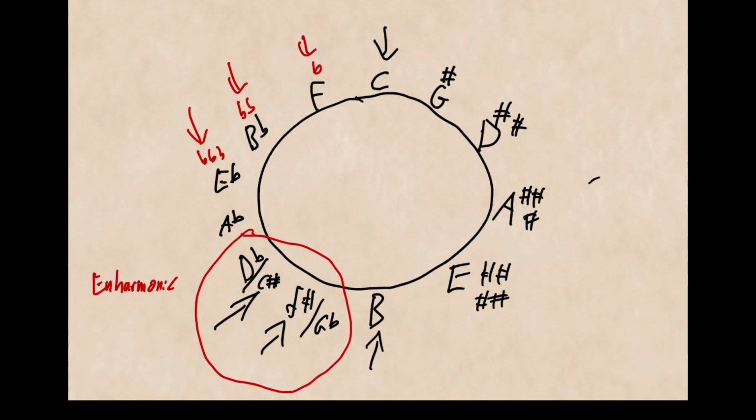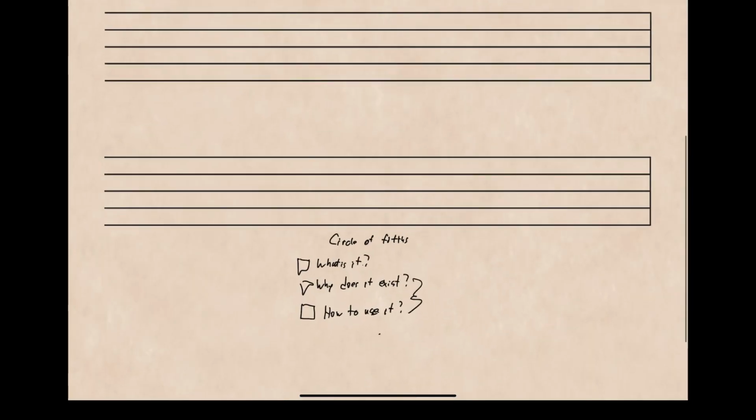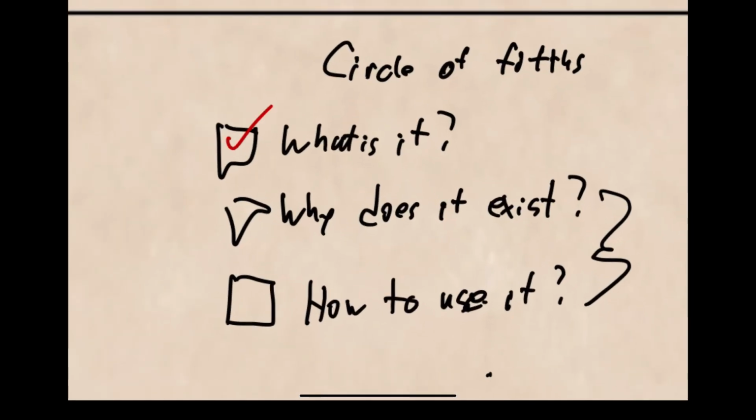Now, if you want to know exactly how to write a key signature, I do that in another video, which I'll link up at the end of this one. But this is what the circle of fifths is. Check mark here. What is the circle of fifths?